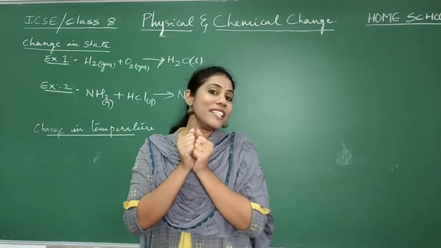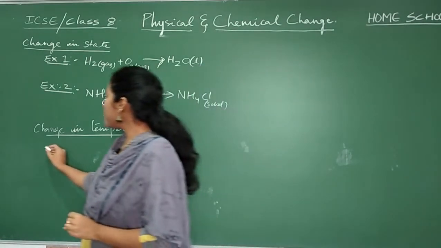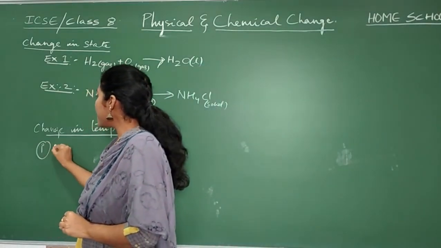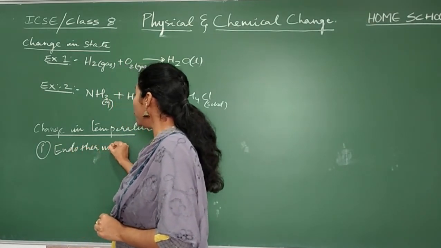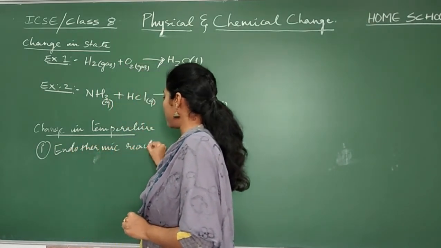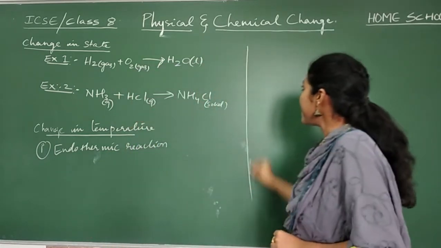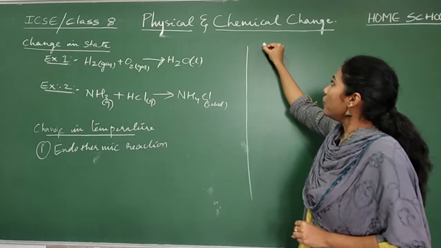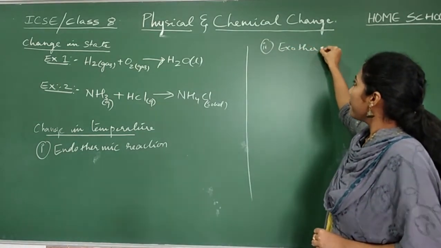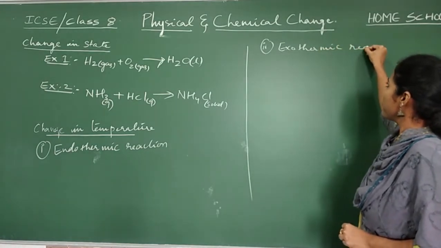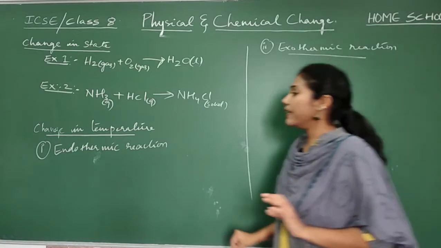So we will study two types of reaction here. What are the two types of reaction? First one is endothermic reaction. And the second one is exothermic reaction. Their meanings are very, very important to understand.